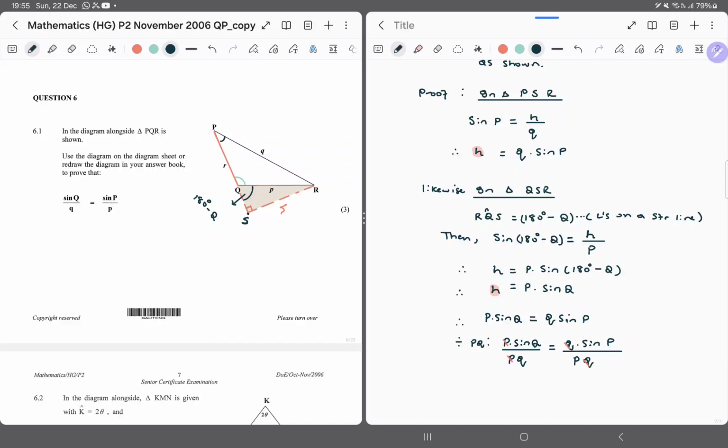So we can make that final conclusion that indeed sine Q over Q is equal to sine P over P. The identity has been proven, or should we say the law or the rule, the sine rule has been proven.